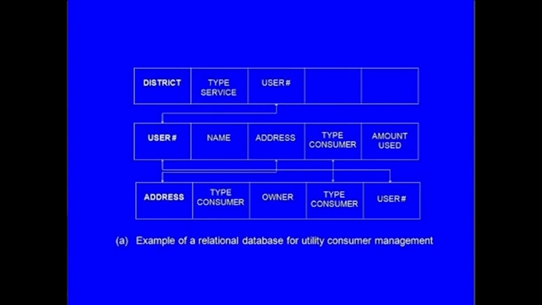Now, this address can also be used as a key, wherein depending on the type of the typical address, we can find out what type of consumer he is, what is the name of the owner, and what could be the user ID. All this information could be there, and these could be linked to the database.